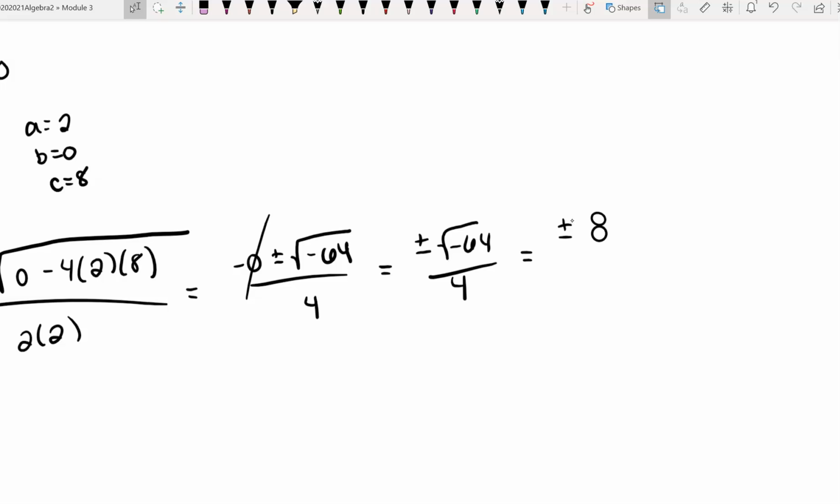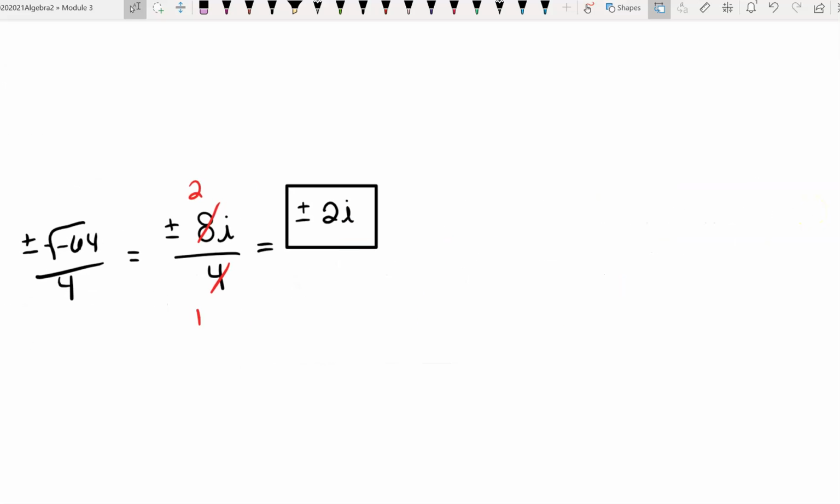The square root of 64 is 8, and then I have an i there because there was the negative, over 4. Keep simplifying because I can pull out a 4 from both of these, and I'll be left with plus or minus 2i. Okay, because I have plus or minus, I have 2 imaginary solutions.